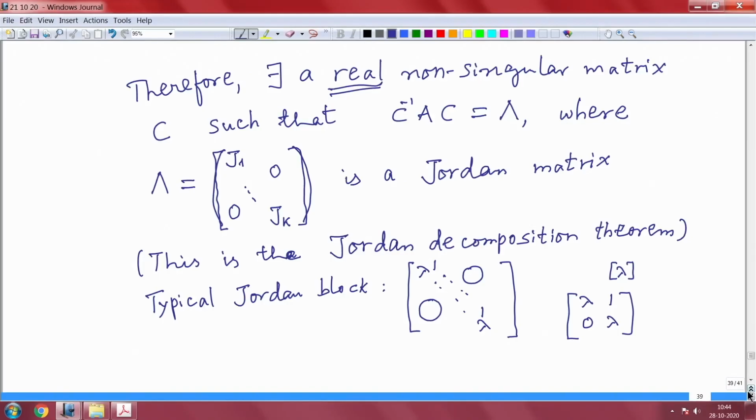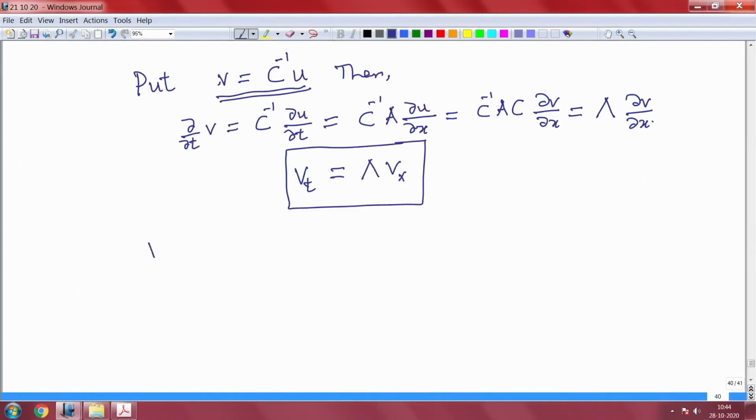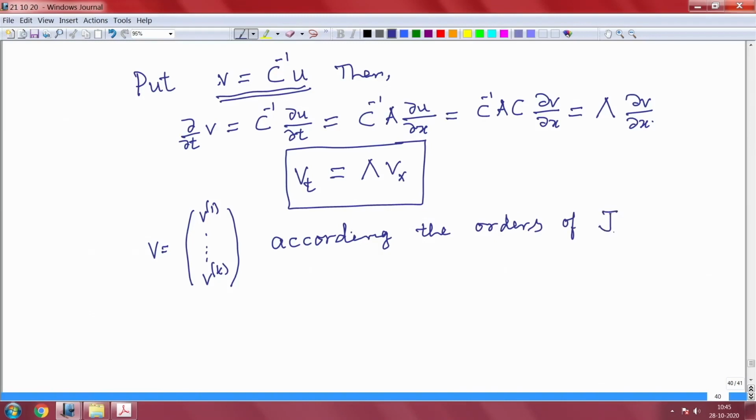So, we decompose V as V 1 through V k, according to the orders of the matrices J i, i equal to 1 to k.